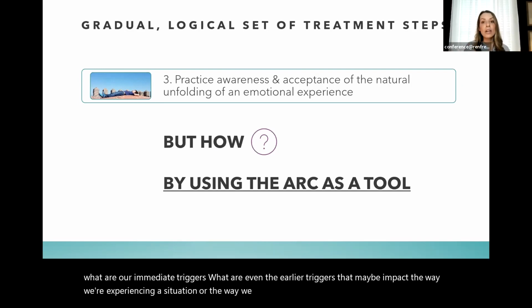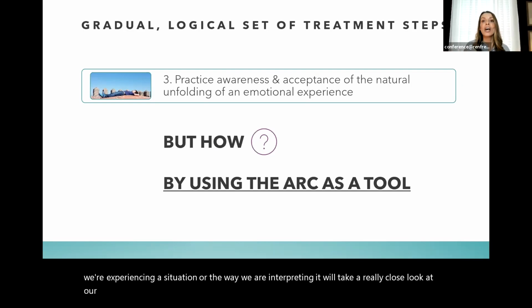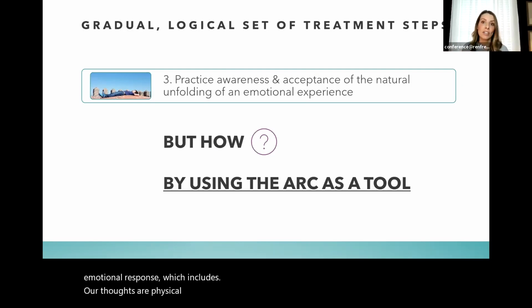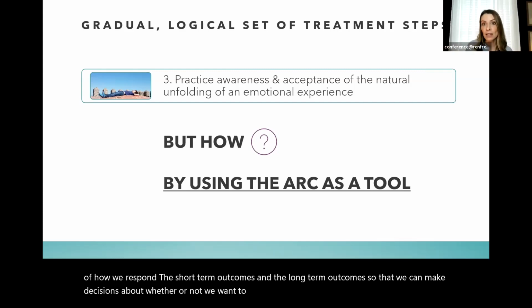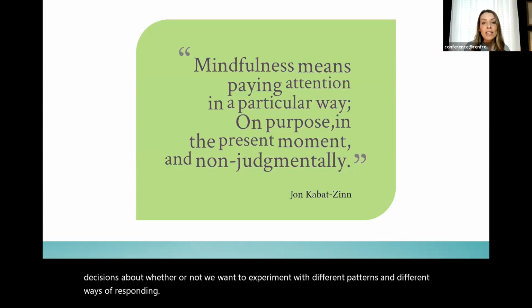We'll take a really close look at our emotional response, which includes our thoughts, our physical sensations, and our urges and behaviors, and then examine the outcomes of how we respond, the short-term outcomes and the long-term outcomes, so that we can make decisions about whether or not we want to experiment with different patterns and different ways of responding.